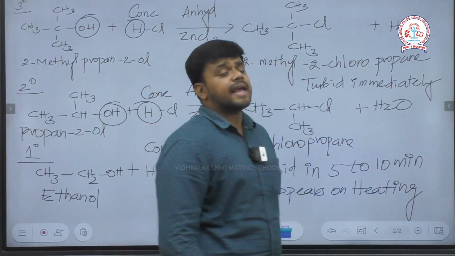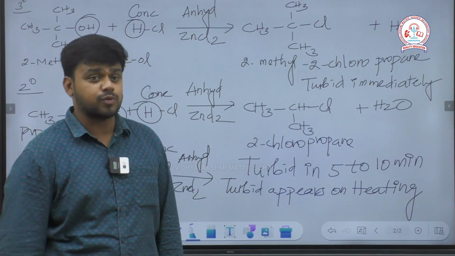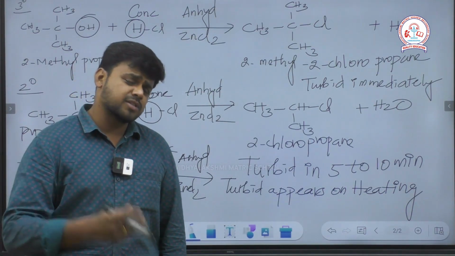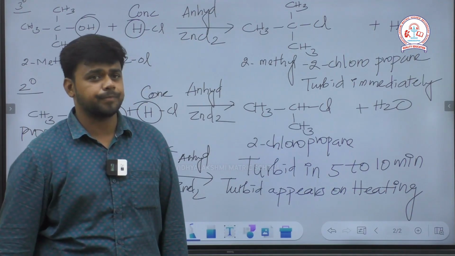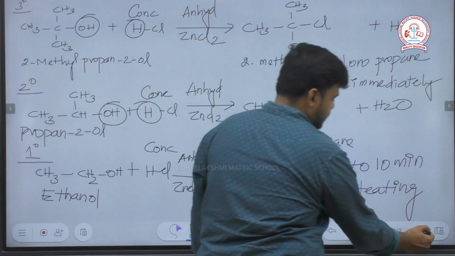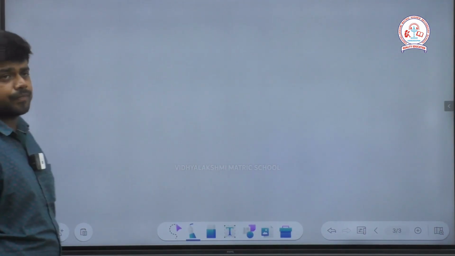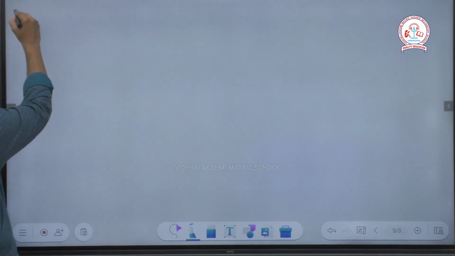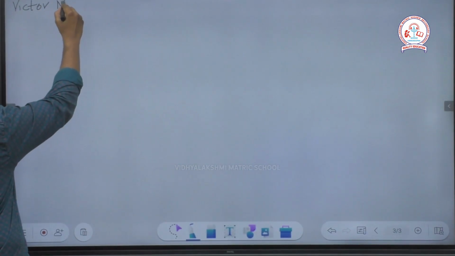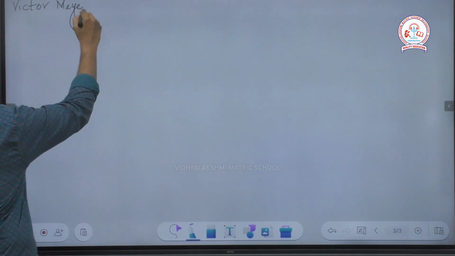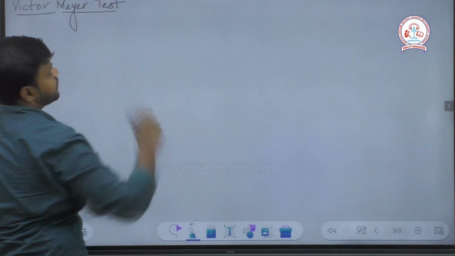The next topic is the Victor Meyer test, the other test which confirms the presence of primary, secondary and tertiary alcohol. This Victor Meyer test includes a sequence of reagents, and the sequence has to be taken into consideration.